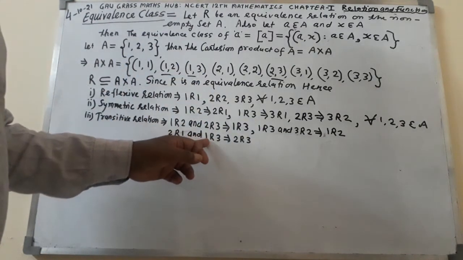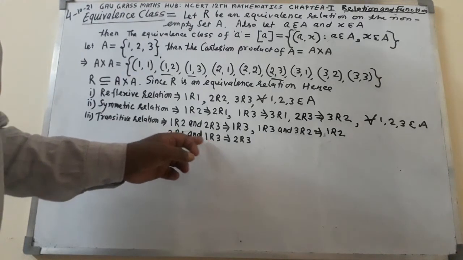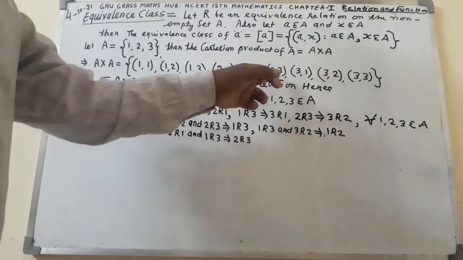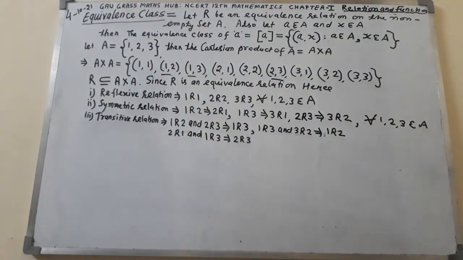Then the 1 and 1 will be clubbed together and eliminated. You will get here 2 related to 3. So 2 related to 3 is there in the Cartesian product.